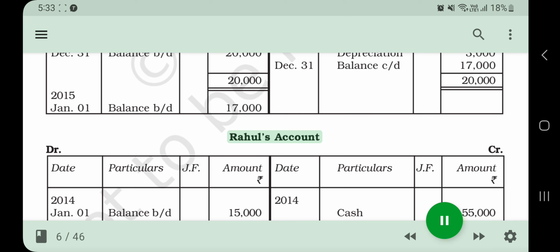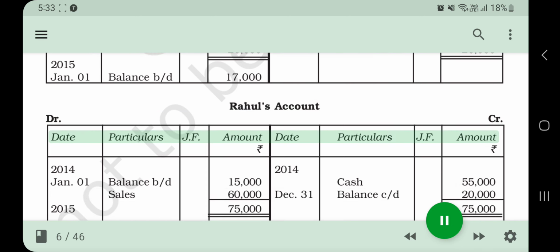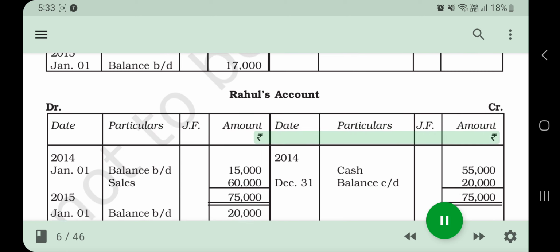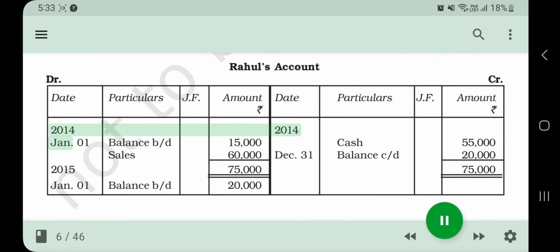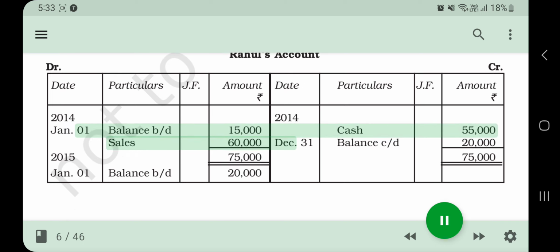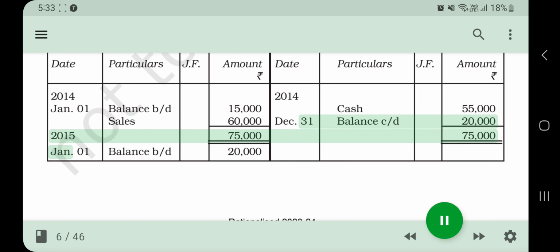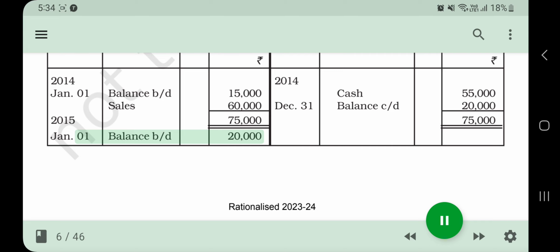Rahul's account. 2014 Jan. 01 balance b/d 15,000; Cash 55,000; Sales 60,000; Dec. 31 balance c/d 20,000; total 75,000. 2015 Jan. 01 balance b/d 20,000.